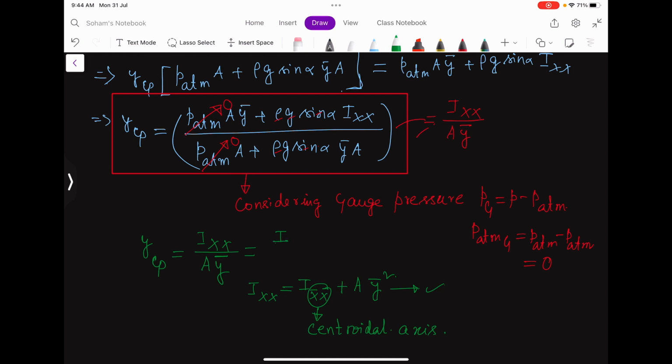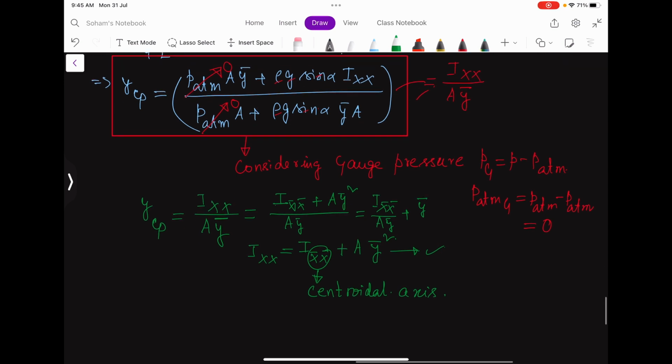So this will become Ixx bar plus A y bar square by A y bar, and that is nothing but Ixx bar by A y bar plus y bar.